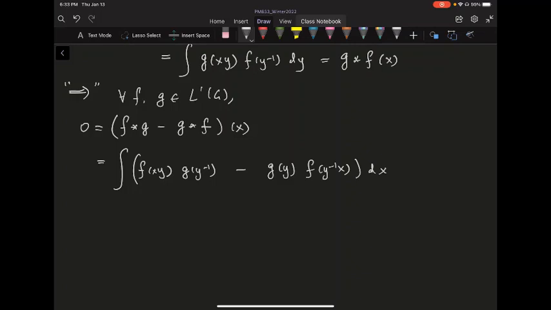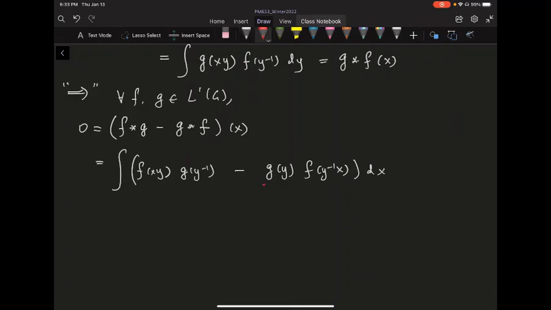Now we want to group them together. You always try to make them into something multiplied by something else, and you notice there is a g(y) here and a g(y inverse) there. So we can do the same thing again: replace the y inverse in the first integral by y. Here we don't know yet that G is abelian or unimodular, so when we reverse it, we need to add a modular function.